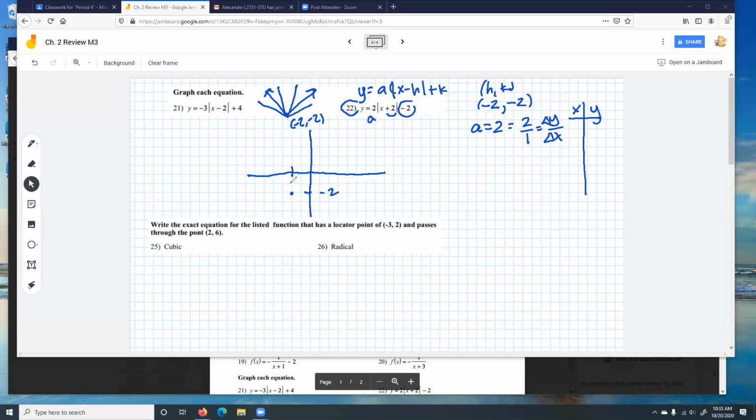So I just need to go up 2 over 1 in both directions. Keep going, up 2 over 1, and I have a nice graph there. And you definitely want to label the vertex. Whenever you do graphs, label the vertex with a point, with a coordinate, for your work.